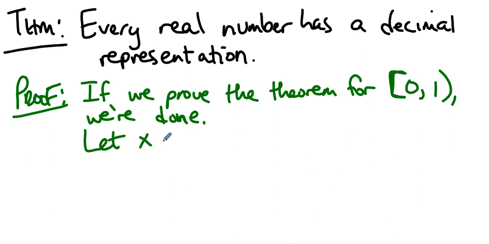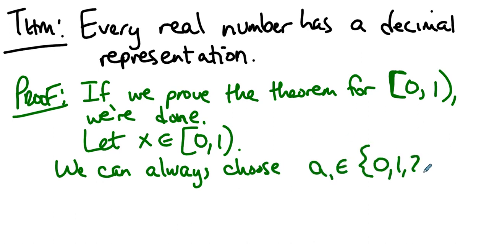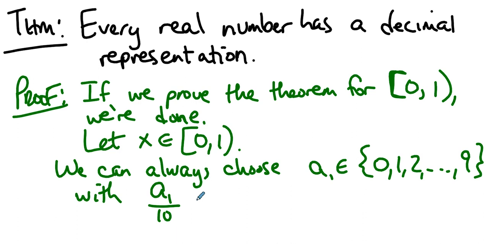So we're going to let x be in the interval from 0 to 1. We can always choose a sub 1 from our set of digits with a sub 1 over 10 less than or equal to our number x, less than a sub 1 plus 1 over 10.